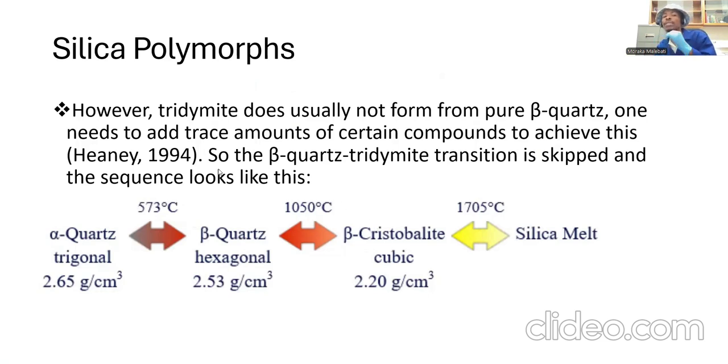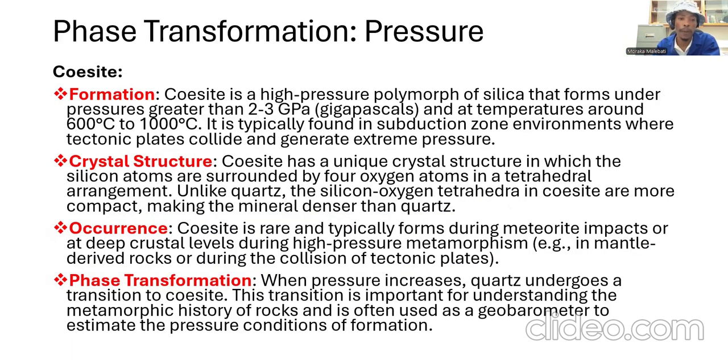This is because tridymite does not usually form from pure beta quartz. So you need to add a trace amount of certain compounds to convert beta quartz directly to beta tridymite. Okay, so that's one thing that I wanted to bring to your attention.